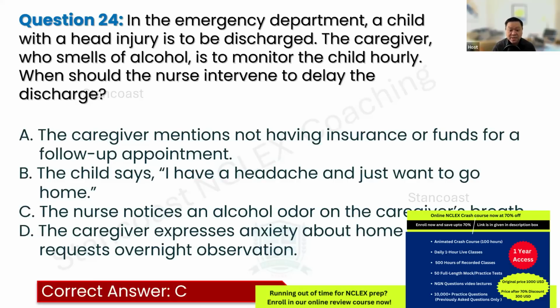And letter B is also incorrect because headaches are common after head injuries, and this symptom alone does not prevent discharge. And letter D, addressing the caregiver's fears with guidance in home monitoring and contact information can support discharge readiness. So, your strategy in selecting the correct answer is to focus on safety considerations that might directly compromise post discharge care.